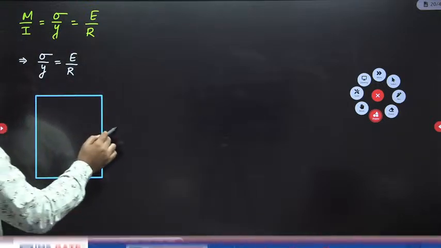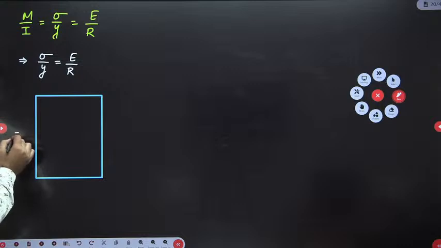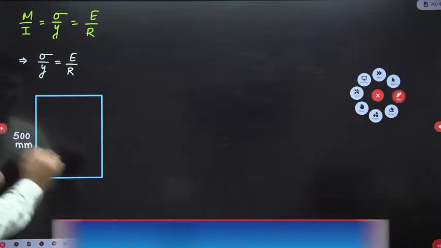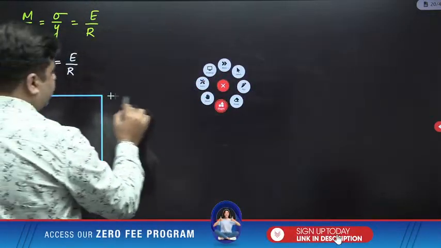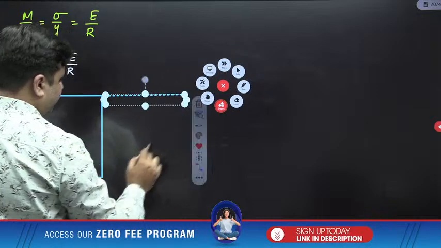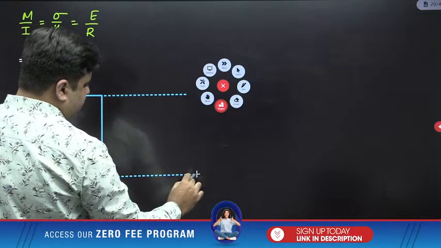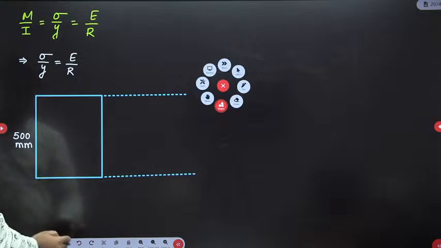This is your cross section of depth 500 mm. The total depth of the cross section is 500 mm, and this cross section is subjected to a moment which is giving you the maximum strains at the extreme fibers.